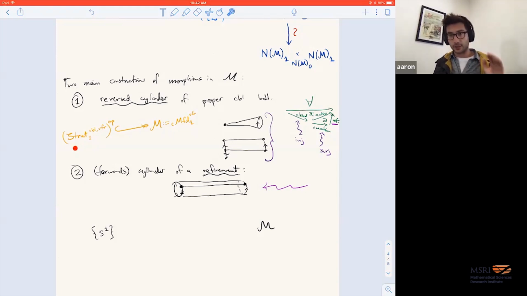So there's a lot of technical work in the background here at the interface of higher algebra and differential topology.